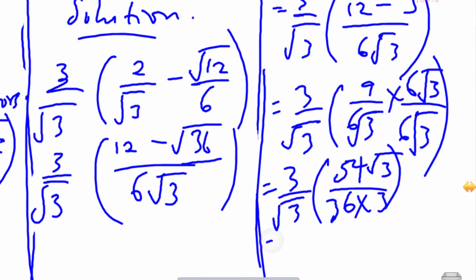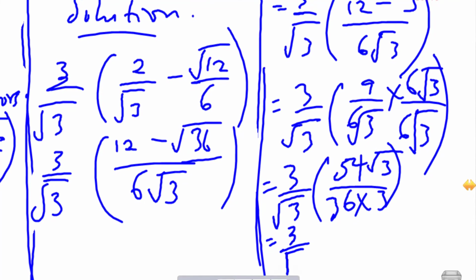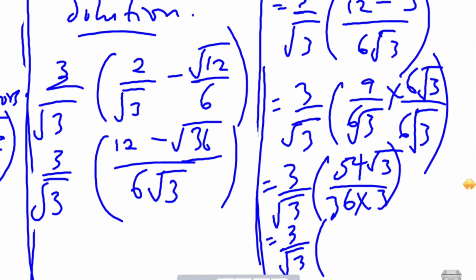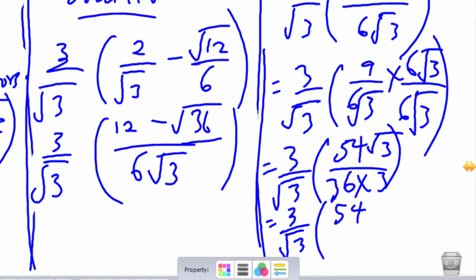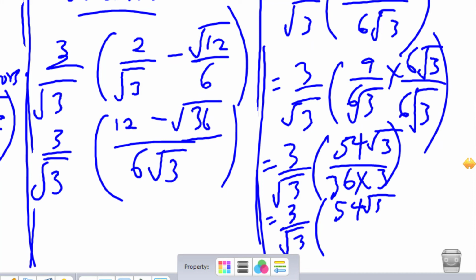So we have 3 over root 3 in brackets 54 root 3 all over 36 times 3. That's going to give us 108.